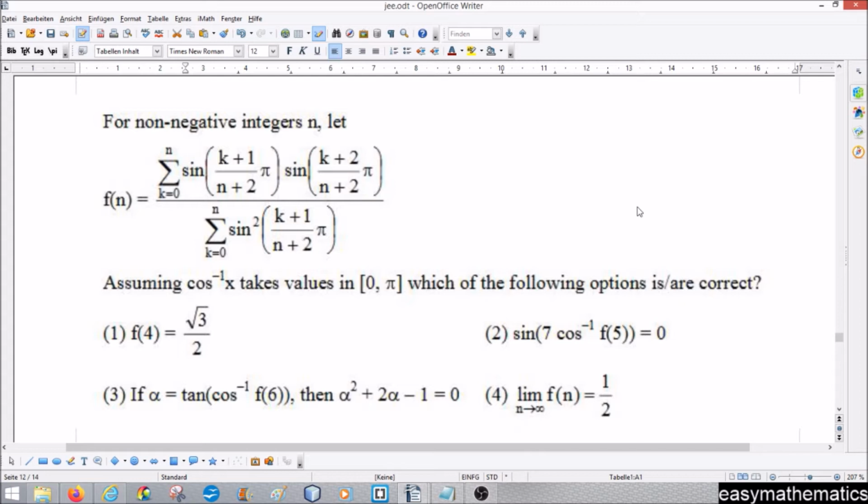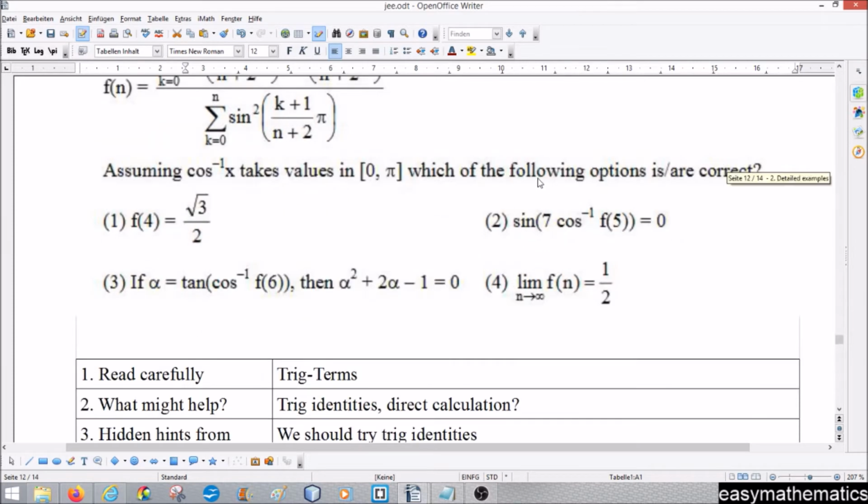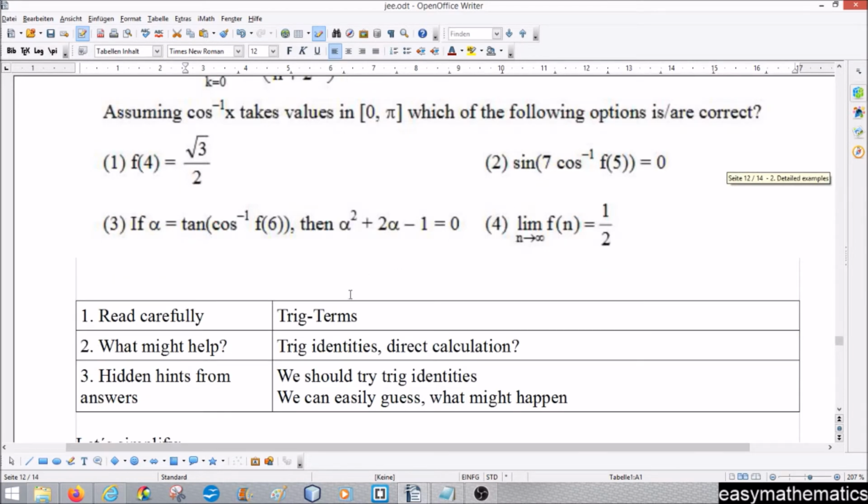Funny question, in my opinion. Let's see. Okay, we read carefully. It's about trigonometric terms, and of course what might help is trigonometric identities, or maybe because the values are small, a direct calculation is also possible.